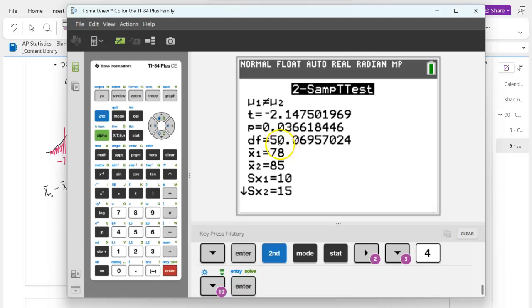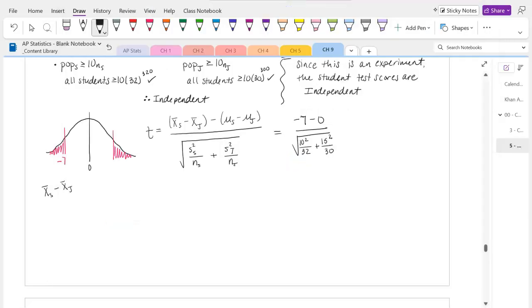So you can go ahead and at the very top of your page, for your 2-sample means t-test with degree of freedom, we can go ahead and put in 50.1. And then that is all the information that we need for this. And we can go ahead and then write our conclusion.